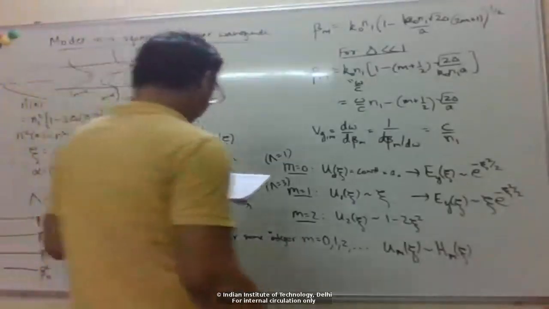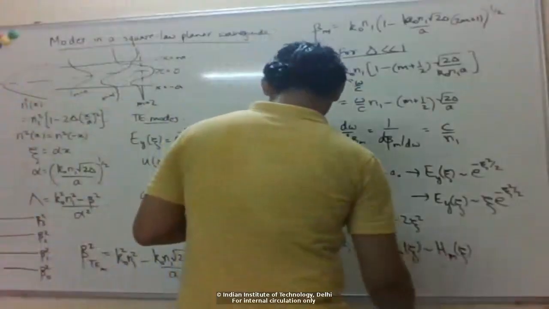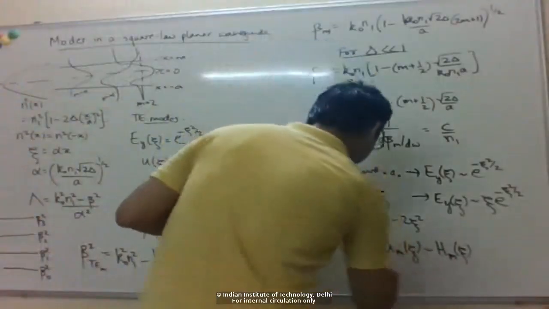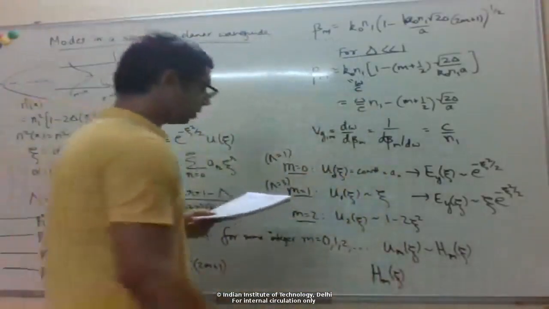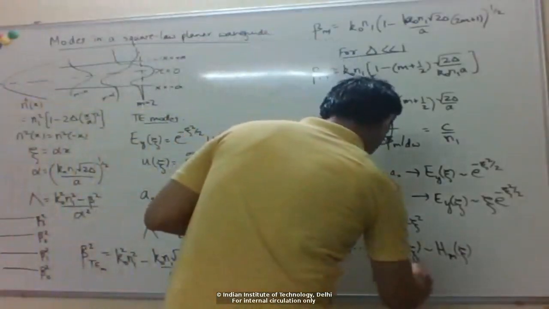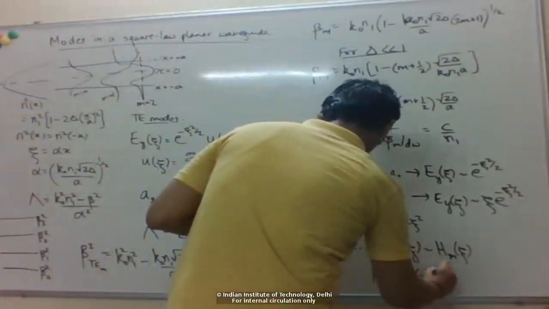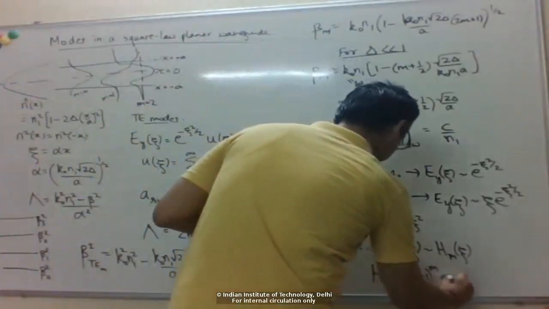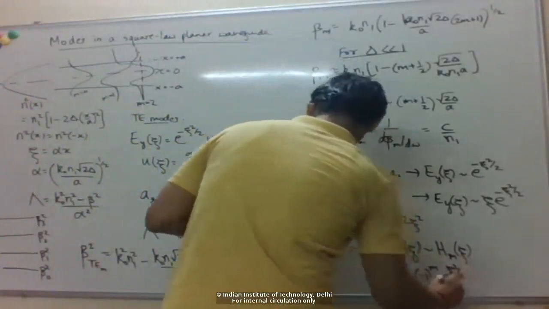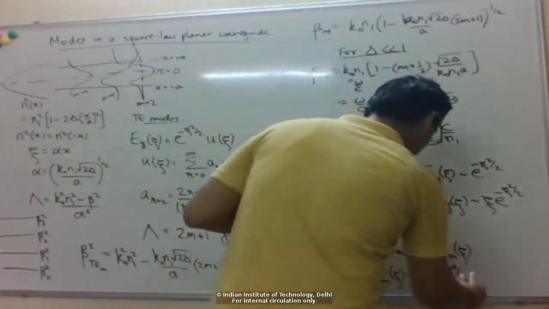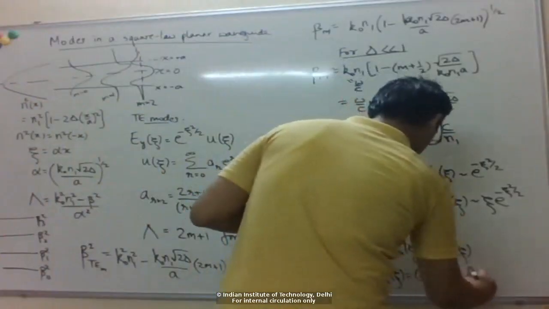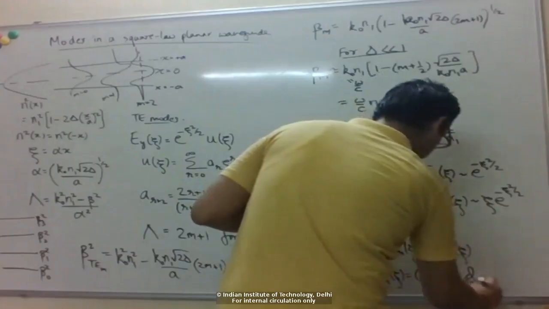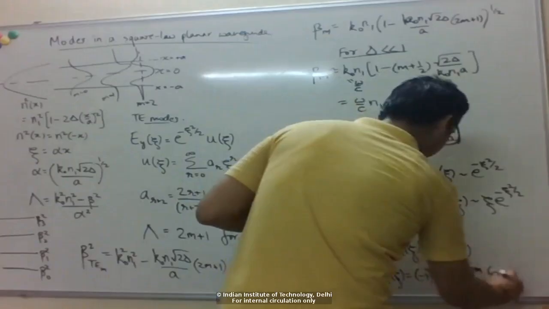Okay, and so we can write a simple formula to generate the mth order Hermite polynomial. It depends on the mth derivative of this Gaussian function.